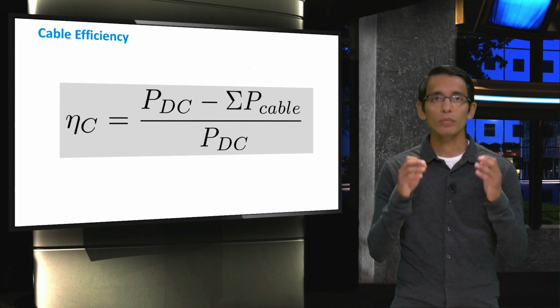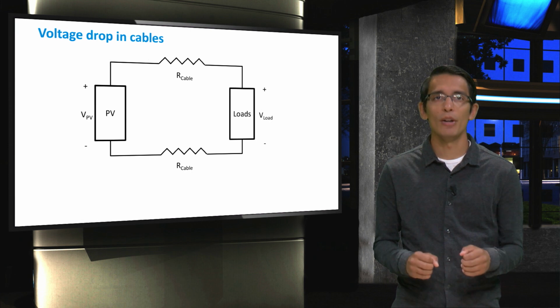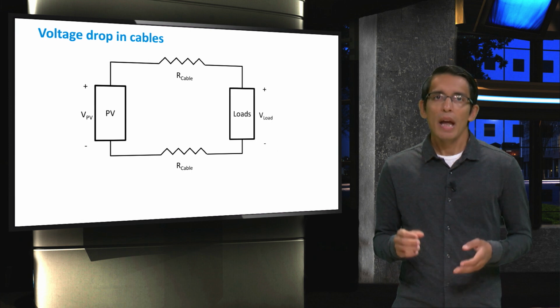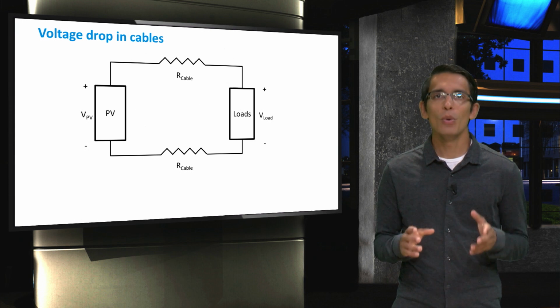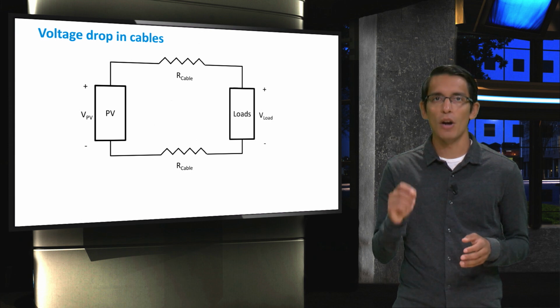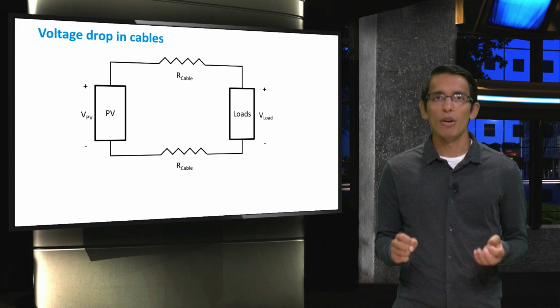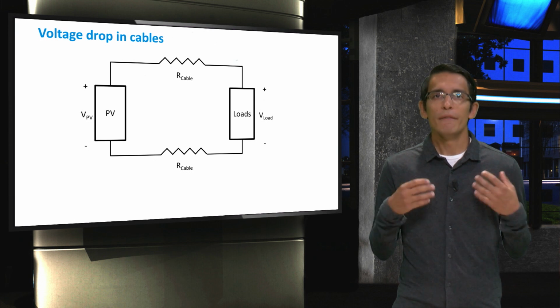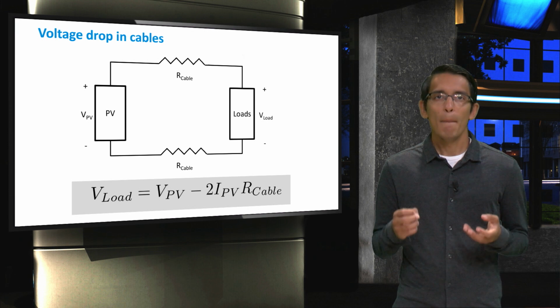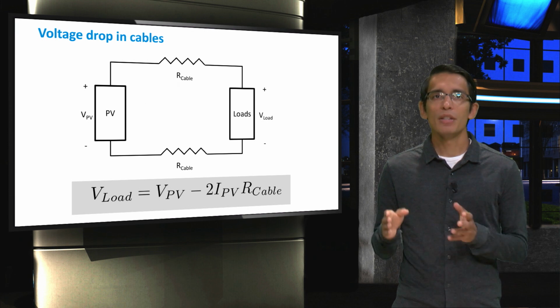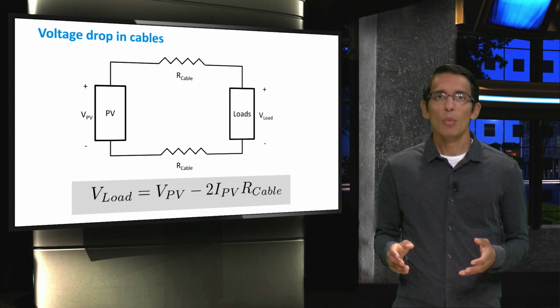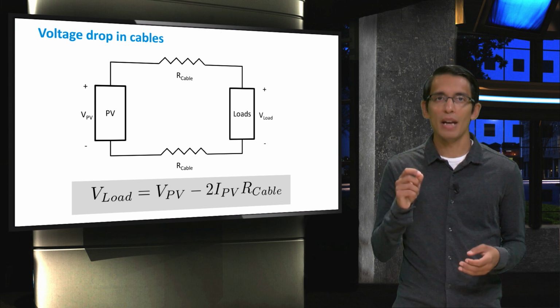Voltage losses also need to be considered. Here we can simplify a PV module to a voltage source, and we can attach it to a load through two identical cables with a resistance of R_cable. Of course, there will be some current flowing through the cable. The voltage at the load will therefore be the PV voltage minus the voltage losses over the cables, which in this case is equal to 2 times I_PV times the cable resistance.